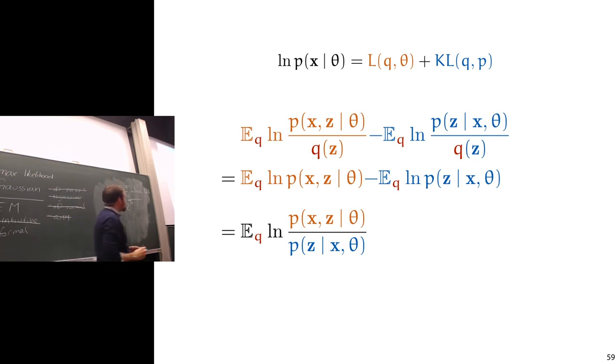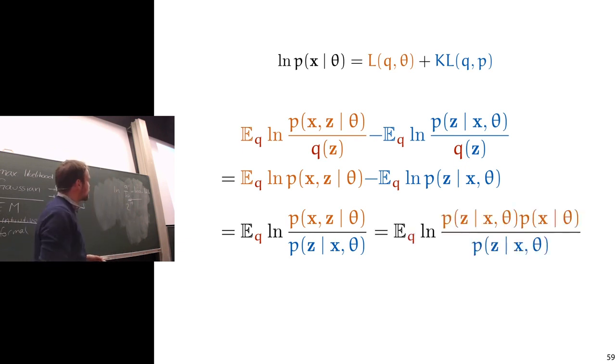We get the expectation of the logarithm of this joint distribution over this conditional distribution. Then we rewrite the joint distribution into a joint times this conditional. So this is just a rewriting of this distribution. I think it's slide 22 from the last probability lecture.